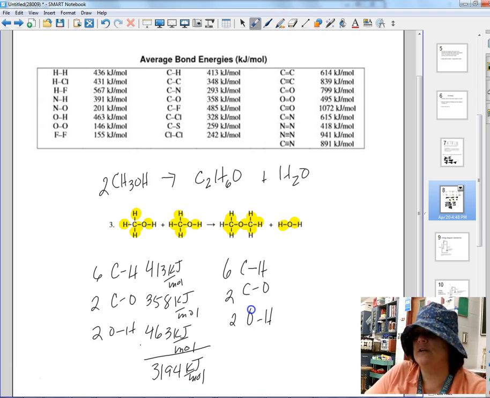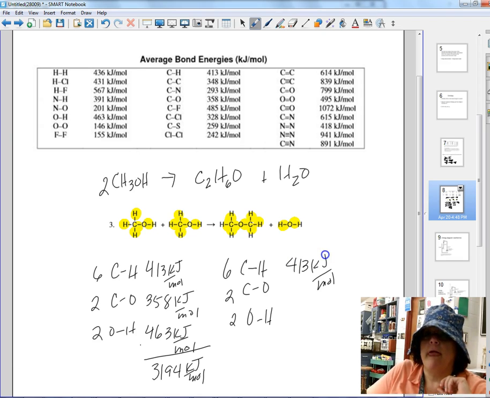Anybody want to make a prediction real quick? Has anybody noticed what's going on yet? To form carbon hydrogen, we're going to need 413 kilojoules per mole. To form carbon and oxygen, we're going to need 358. And to form hydrogen oxygen, we will need 463.